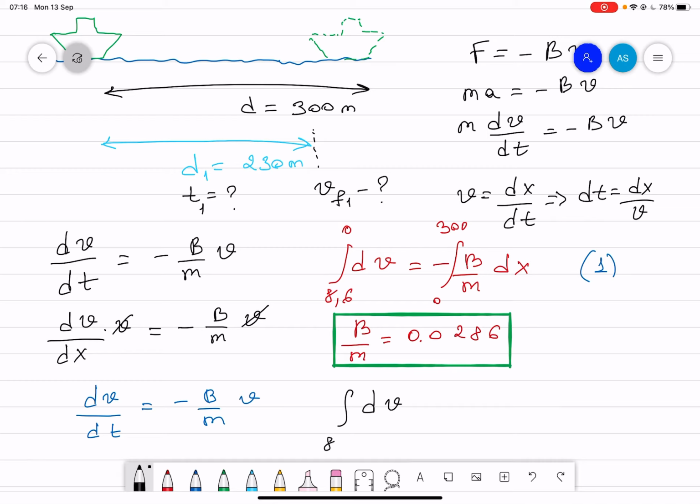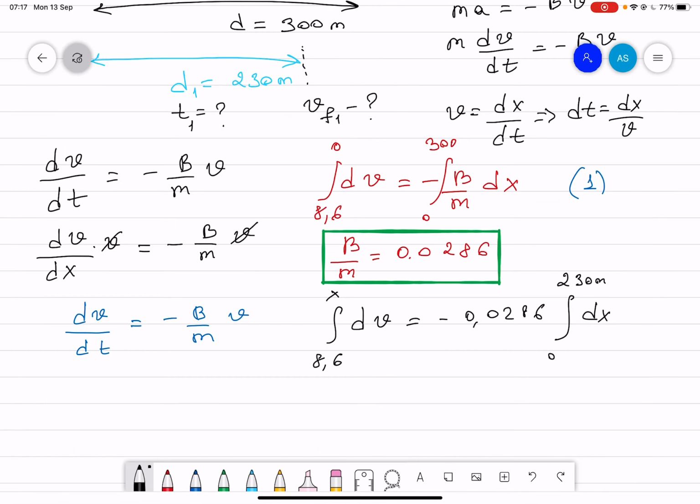This time, initially it was 8.6, and we don't know the final velocity when it moved 230 meters. In our case b over m is equal to 0.0286. Then the integral of dx, now it traveled from 0 to 230 meters.